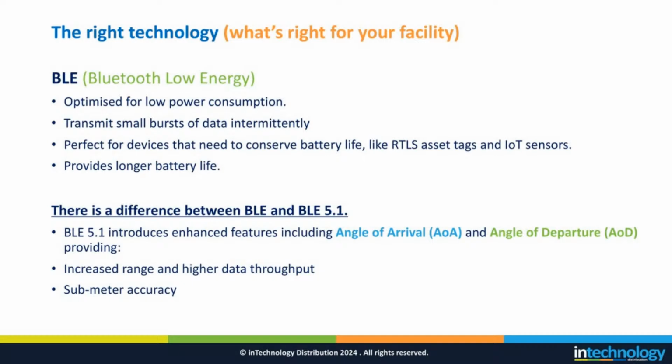BLE was the original version, and then BLE 5.1 has come out. What that does is introduce angle of arrival and angle of departure, which provides a lot better accuracy, and also an increased range and a higher data throughput.